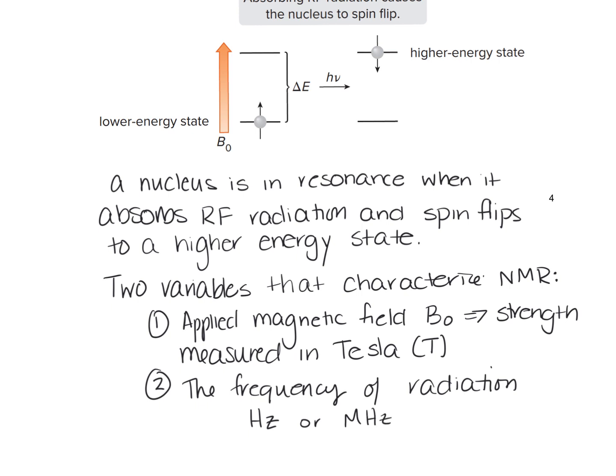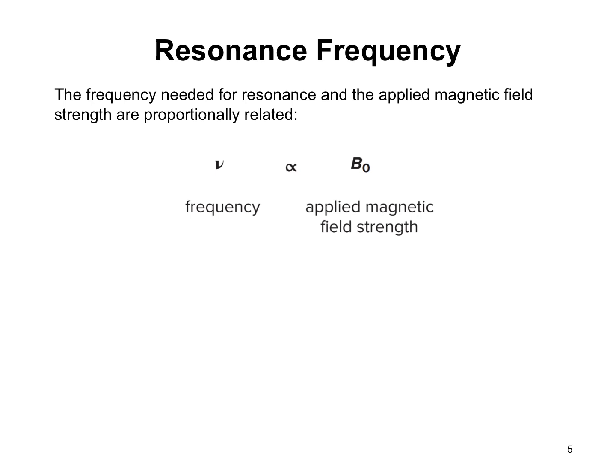Okay. So, let's talk about that resonance frequency for just a minute, or the frequency of radiation. The frequency that's needed for resonance and the applied magnetic field strength are proportionally related. Okay. So here are two variables and they're related proportionally. So what does this mean?